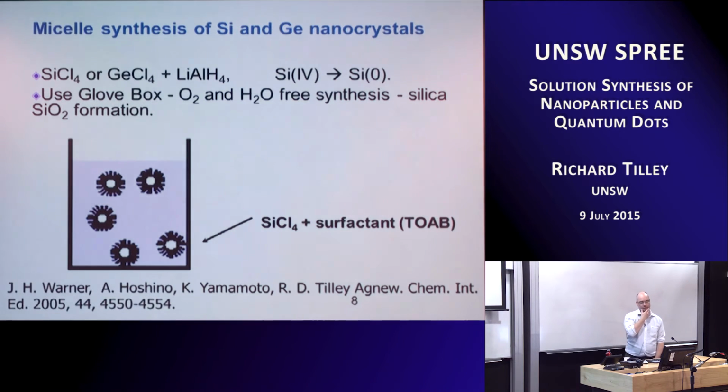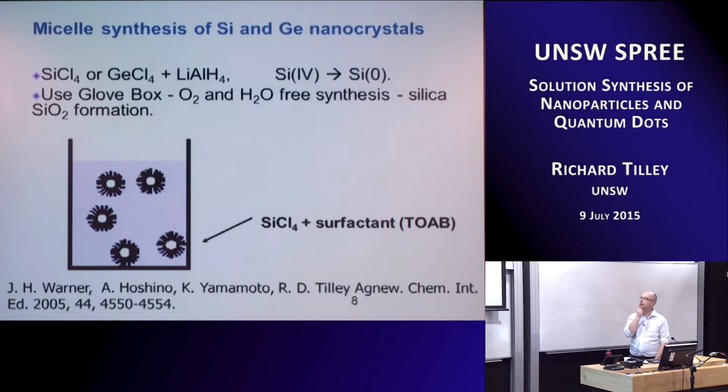The method that we developed to make the dots has been quite successful and quite widely used by a number of people around the world, and it is really quite a simple method. This is a micelle synthesis. When we were first doing the synthesis, we did it in a glove box with just a beaker, and now we've moved to using things like round-bottom flasks to make it a bit easier.